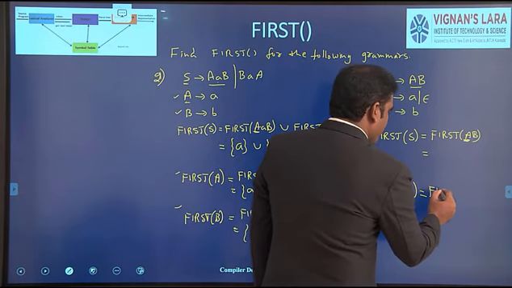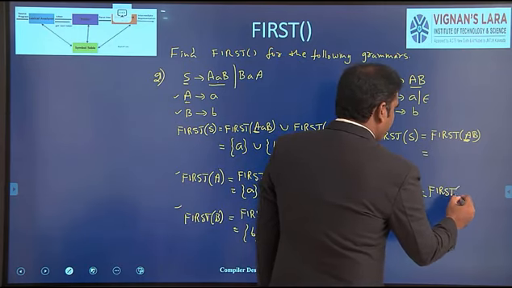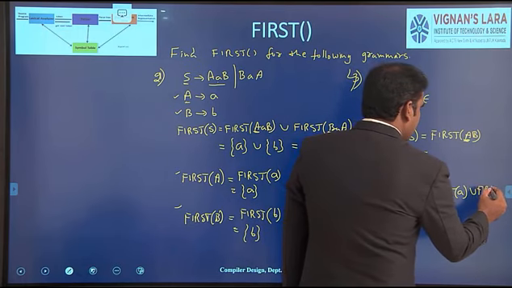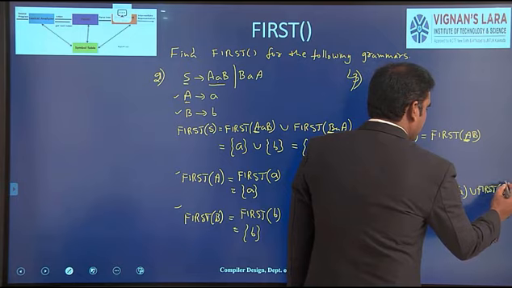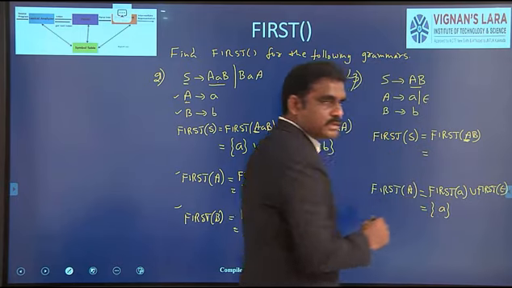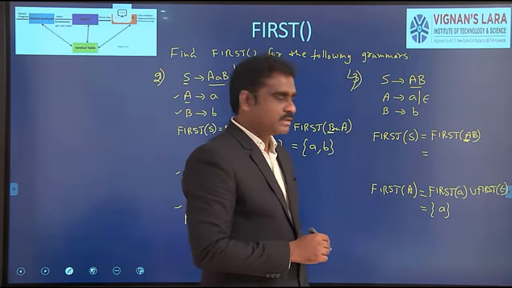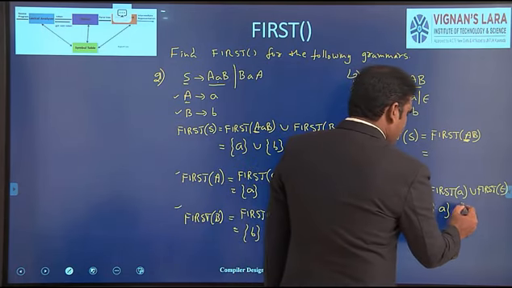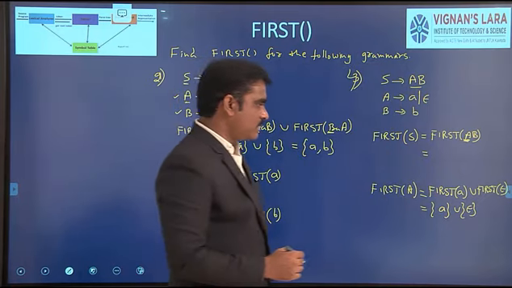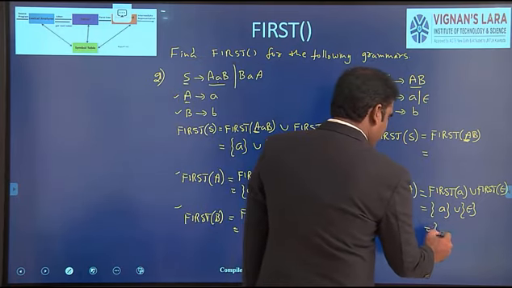So first of a union first of epsilon. The result: first of a means a, because a is a terminal symbol, and epsilon is also a terminal symbol, so first of epsilon equals epsilon. So the result is a comma epsilon.